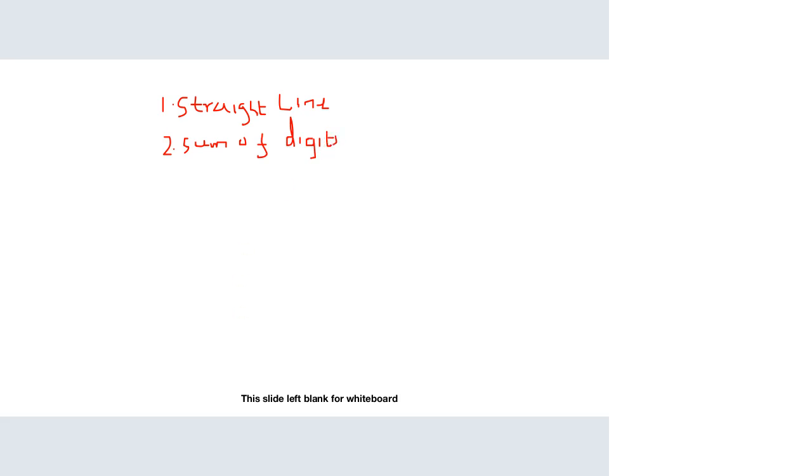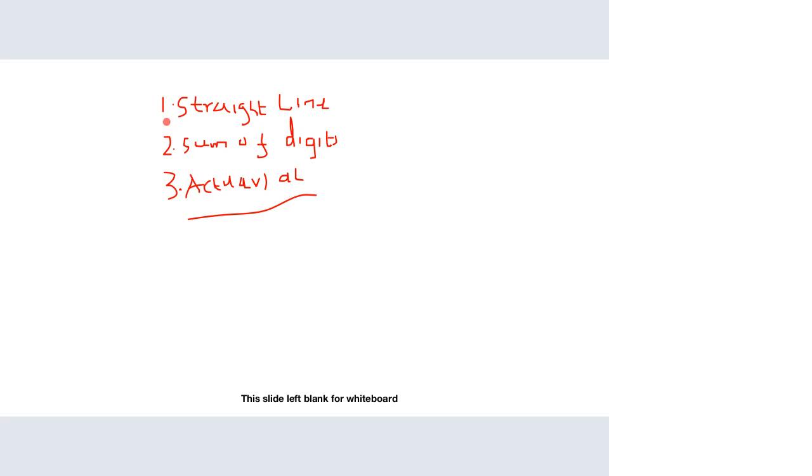Then number three, we have the actuarial method. So these are the three methods that we can use to calculate the hire purchase interest.